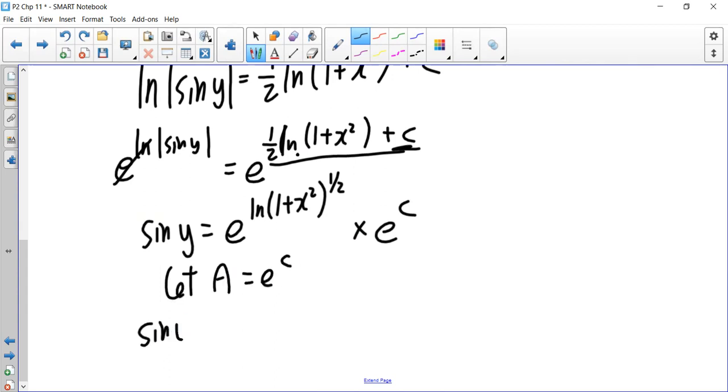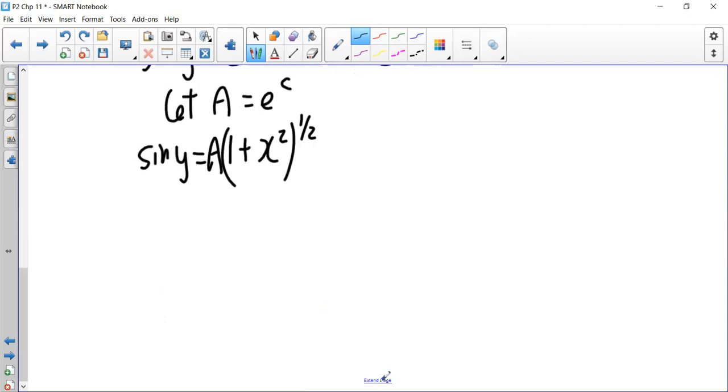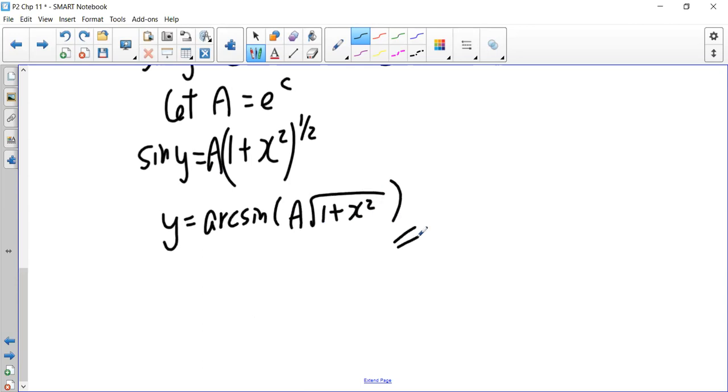So the left-hand side is sine y, and now ln and e can cancel out, so we get 1 plus x squared to the power of a half, times A. Therefore, if we take the inverse sine on the right side, we call it arc sine. So y equals arc sine of A times the square root of 1 plus x squared. Now, this is one of the standard results. We don't have to remember it, but for higher level maths, you will see this quite often.